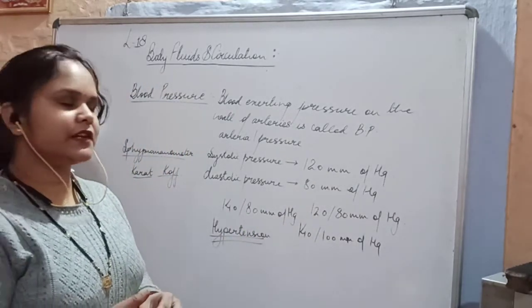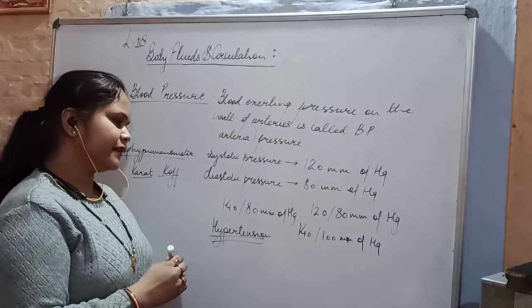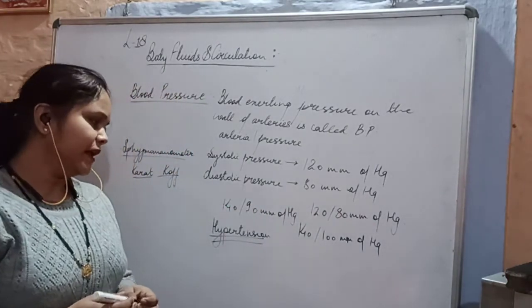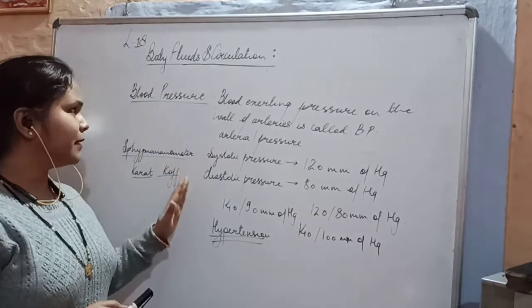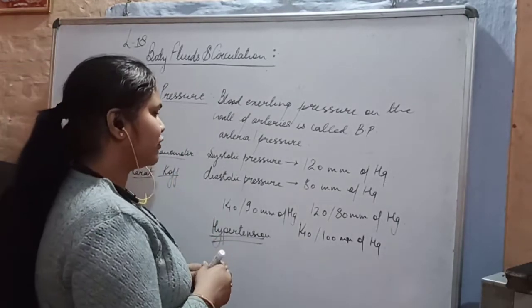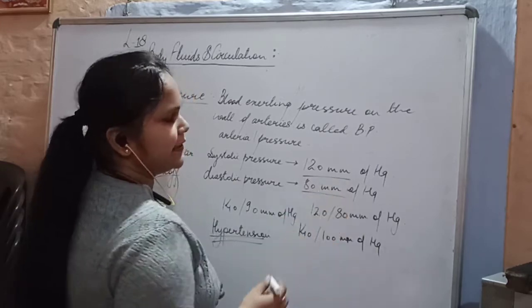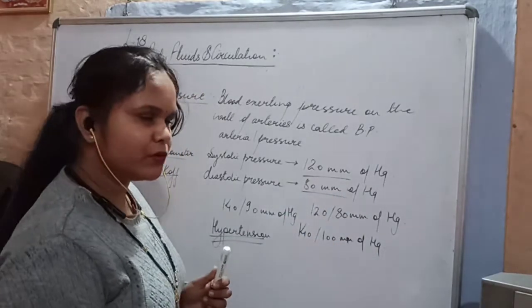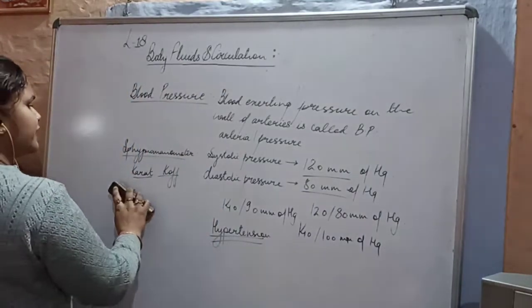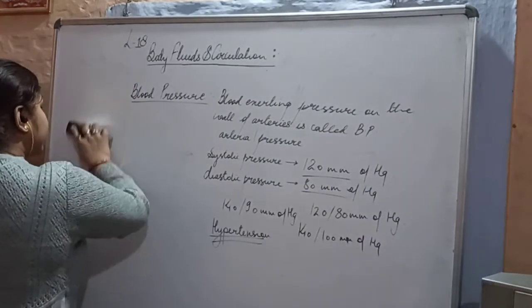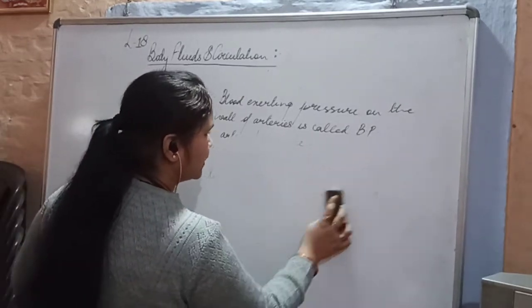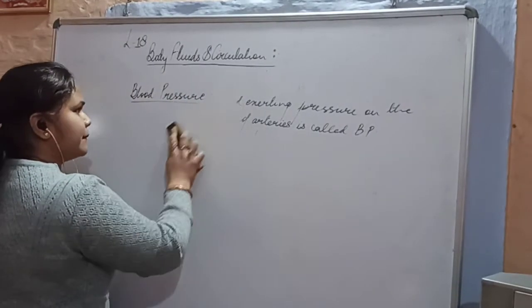When the blood pressure increases above 140 and suppose 90 mm of Hg, that condition is called hypertension. The normal value of blood pressure is 120 and 80 mm of Hg. When we run or do exercise, our blood pressure keeps on increasing, but that doesn't matter. But if your blood pressure is continuously increasing, then there is a problem that your heart must not be functioning well.